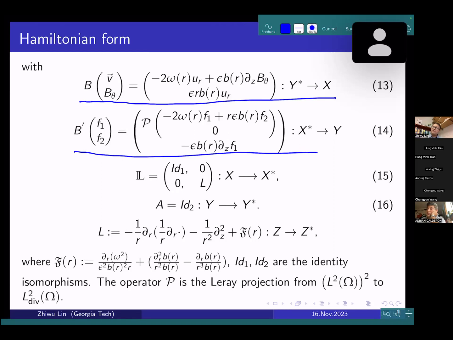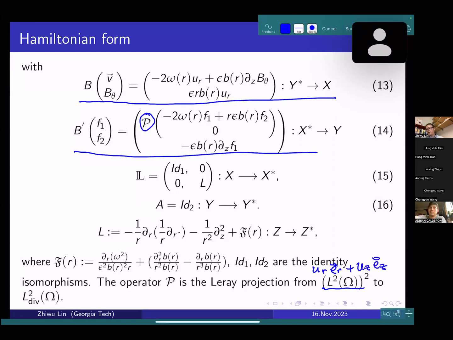To write down the dual operator of B, we need to use the Rayleigh projection P. So the operator P is the Rayleigh projection from a vector field. This vector field has two components, R and Z components, like u_R e_R plus u_Z e_Z.